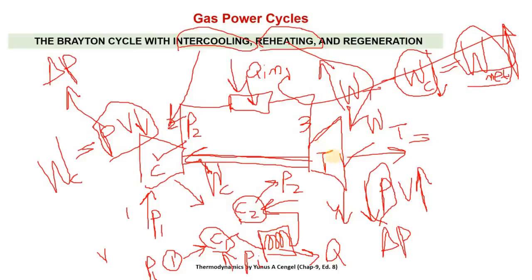Now let's come here. In case of turbine, we want to increase the work of turbine, and how can we increase it? If P3 and P4 are same, means delta P is constant. For the same delta P, we can increase the work of turbine if we can somehow increase this specific volume. So here, instead of using one turbine, we can use two turbines, just like here, two compressors.